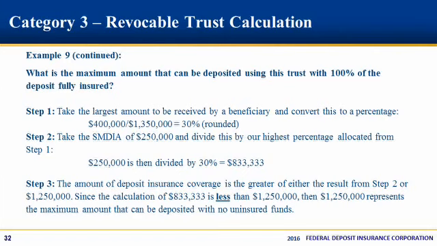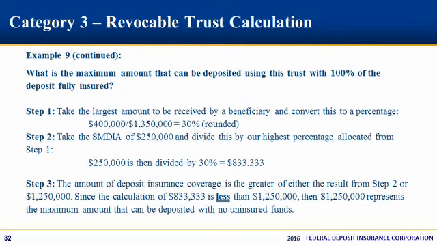We then take the SMDIA of $250,000 and divide it by our highest percentage we determined in Step 1. This would be $250,000 divided by 30% to give us $833,333.